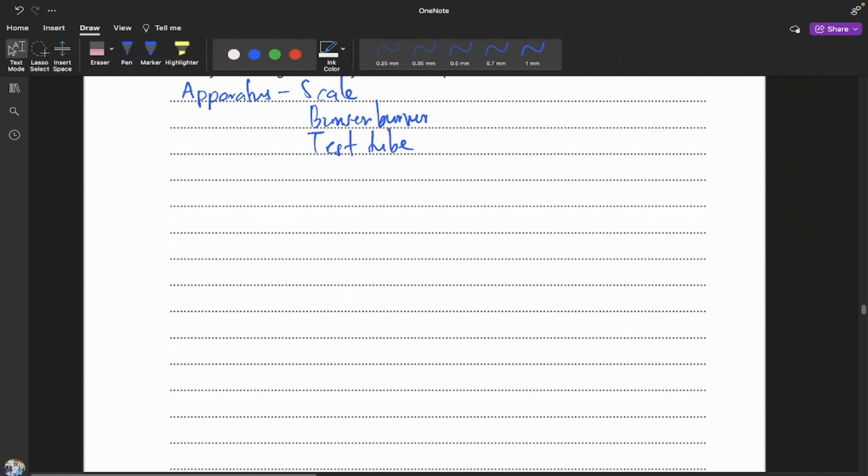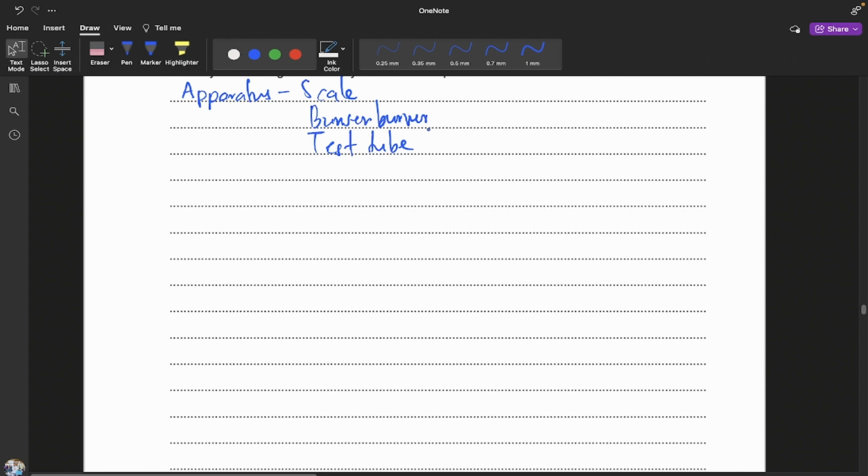And we need something to hold the test tube on the flame. So what is the name of that instrument? Some students might ask, is it possible to use a crucible?